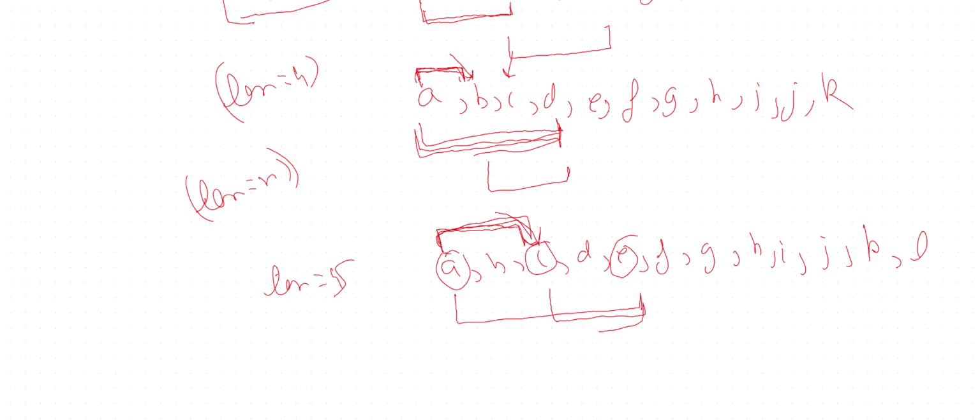So you know how from length is equal to 3, we are gradually moving to length is equal to 4, then 5, and we are able to calculate it.